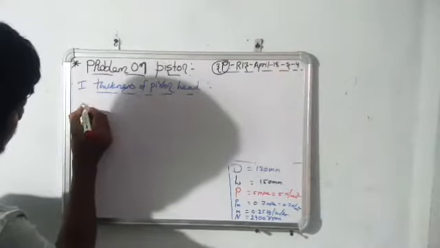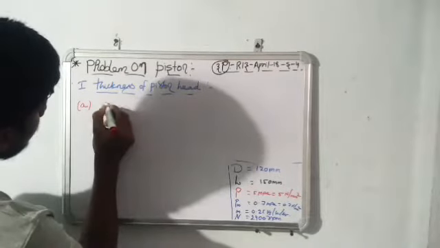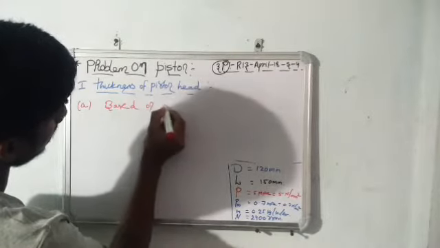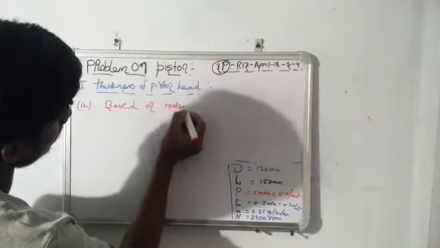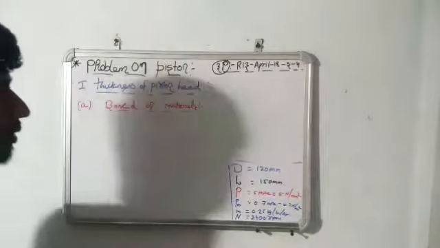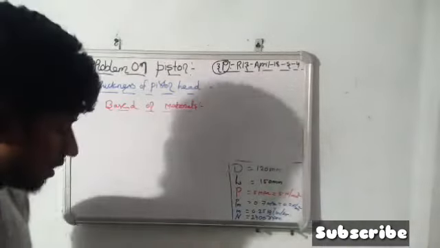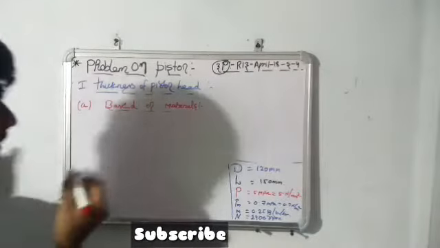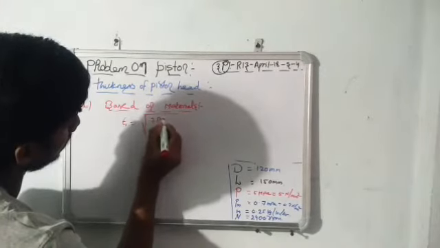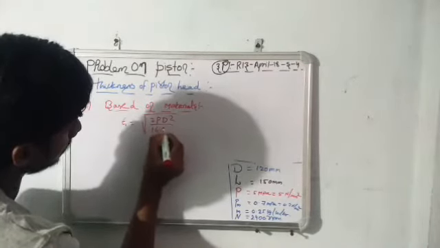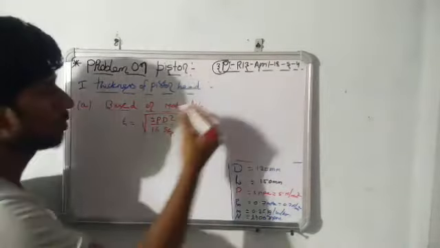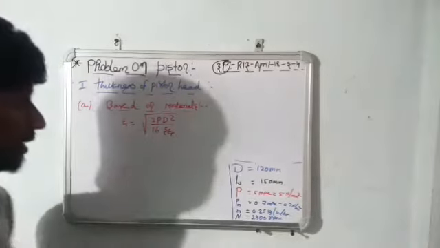T1 equals root of 3PD square by 16 STP. This is the formula to find the thickness of piston head based on the material condition.